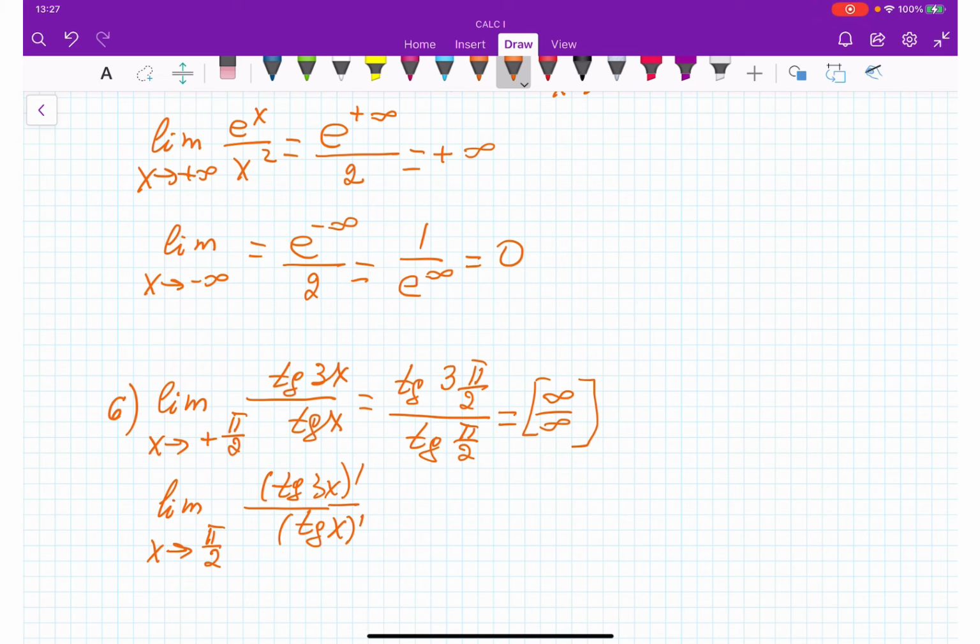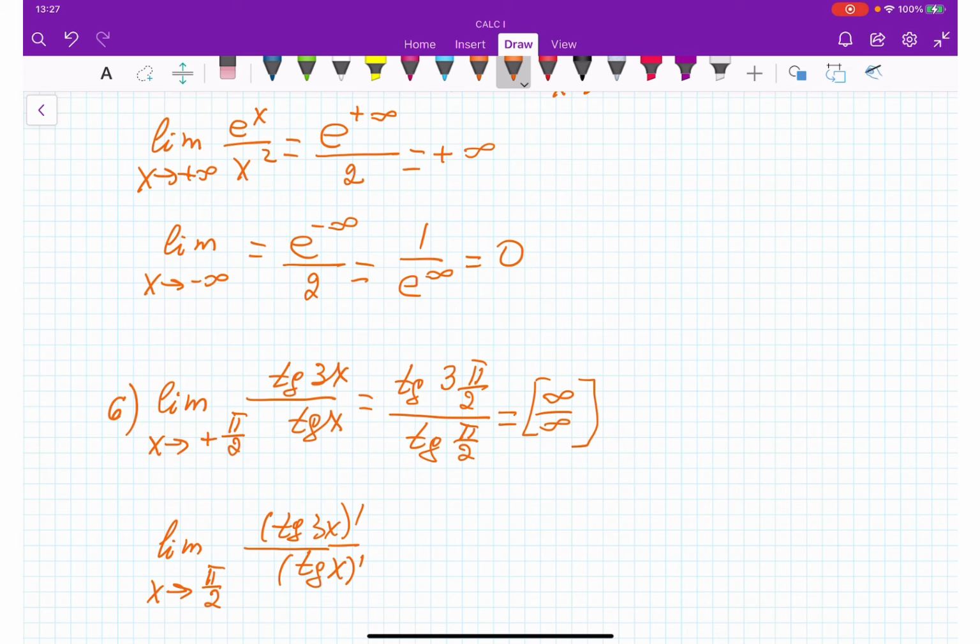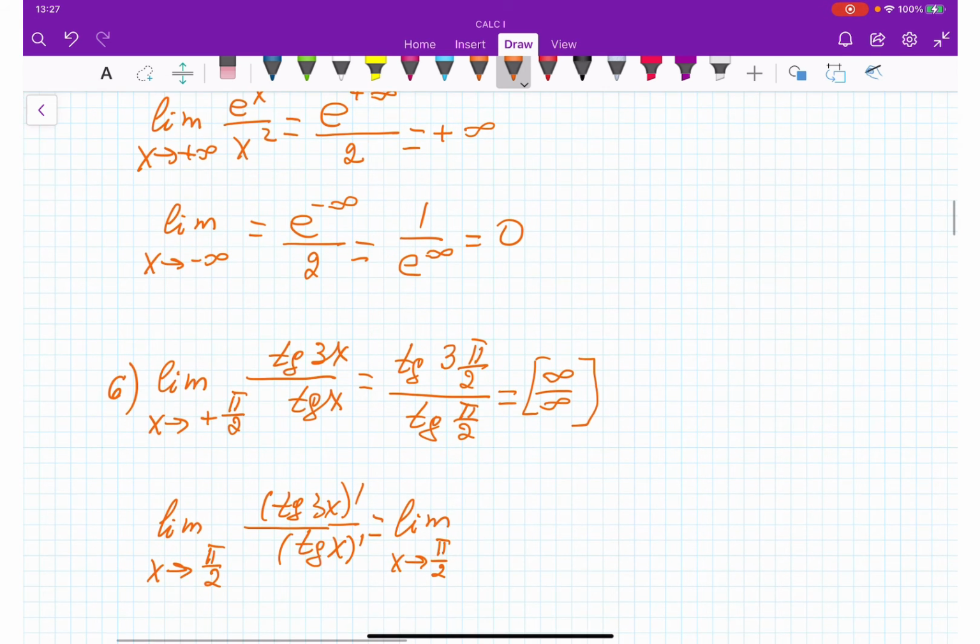So that is going to be 3 over cosine squared 3x, right? And here we get 1 over cosine squared x. How did we get that?